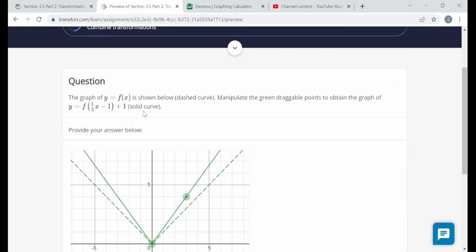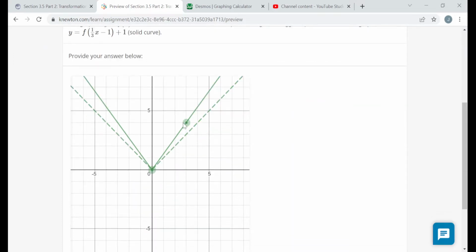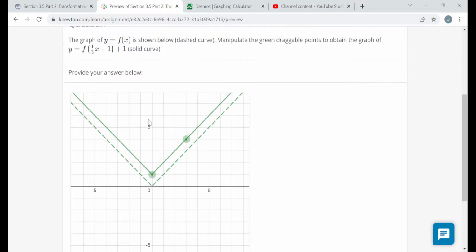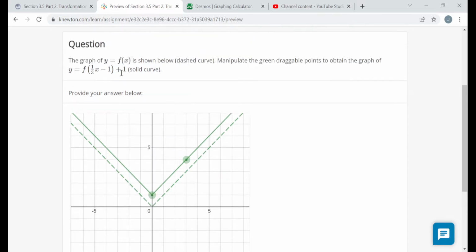All right, so here again, remember the outside stuff: I did multiplication first, then addition. Well, there's nothing multiplied on the outside here, so I'm just going to do the +1. Again, I'll have the curves match up first. Let's move it up 1. There's the +1 on the outside, a vertical shift up 1.